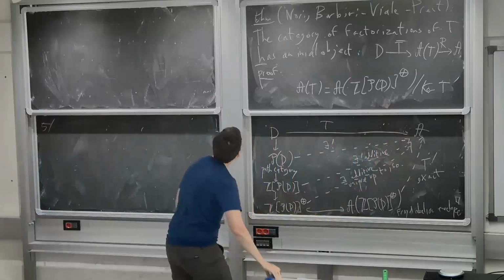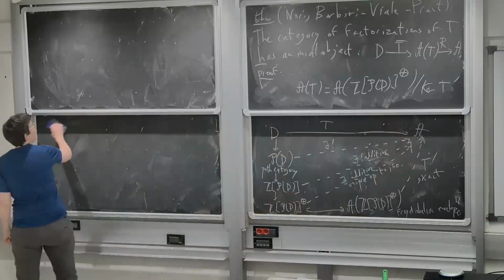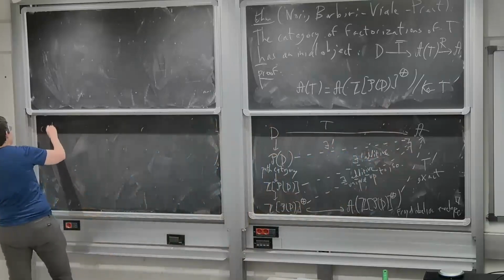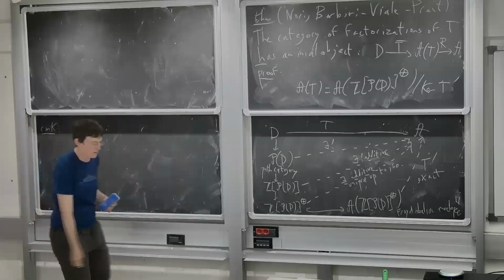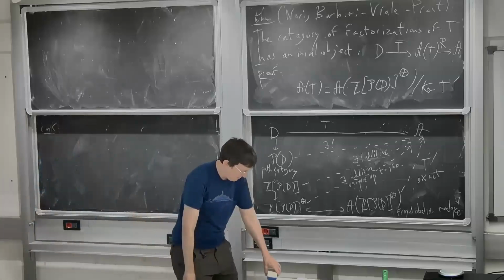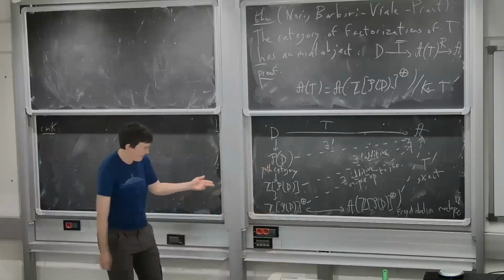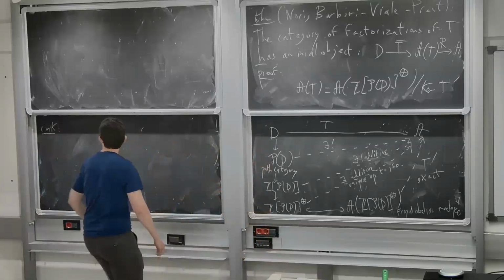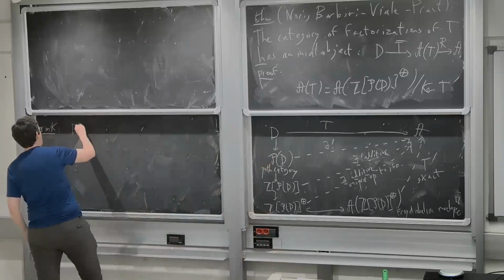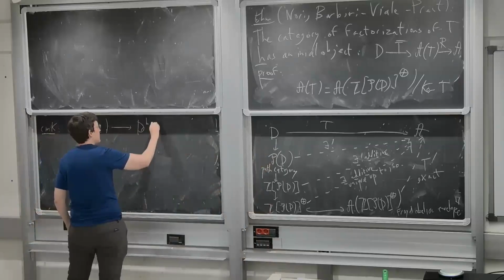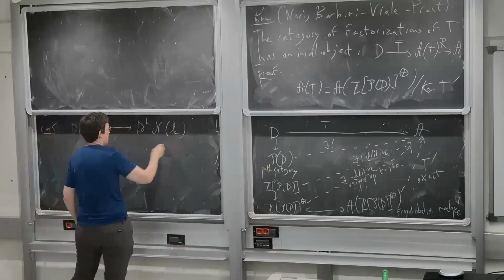Well, maybe I should make a remark, and I erased the board. And this is actually a pretty crucial remark. I mentioned there is this Harrer theorem, this realization functor.